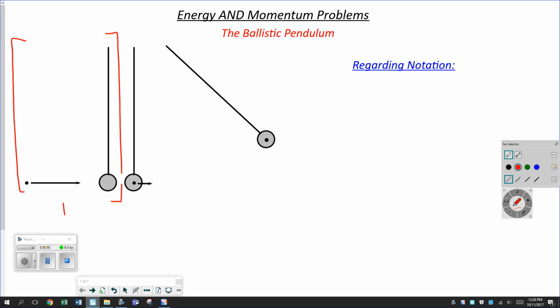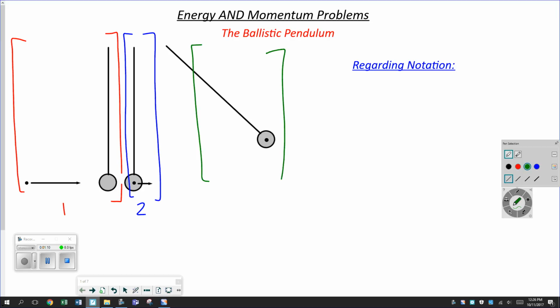Instant two is just after interaction has ended. At instant three, this thing gets to maximum height. And so, for instant one to instant two, that's a two-object interaction.